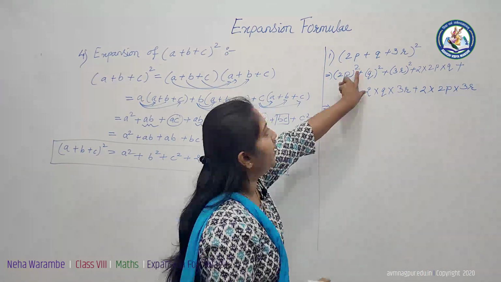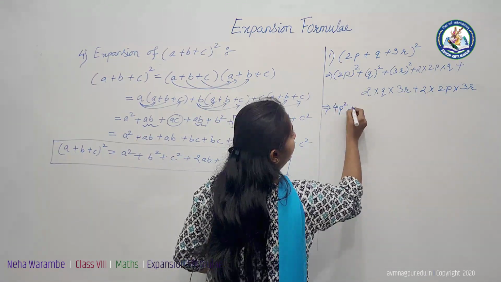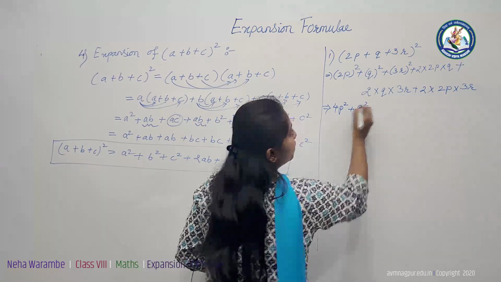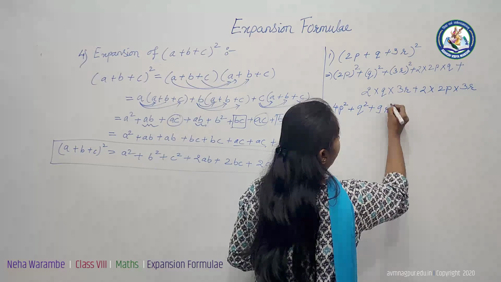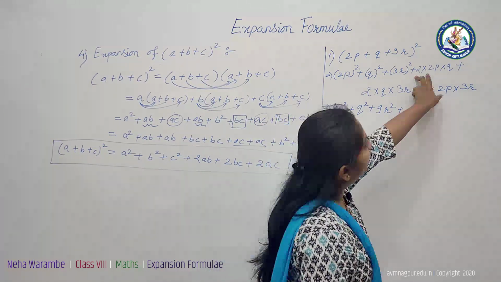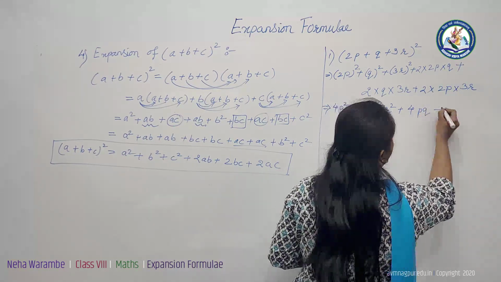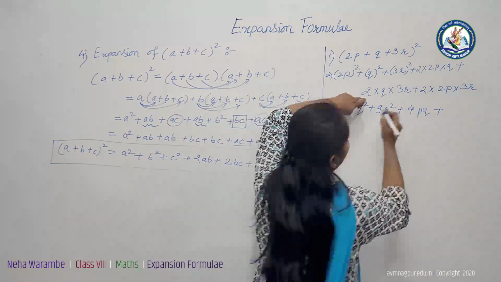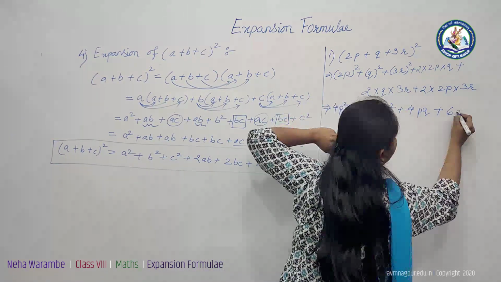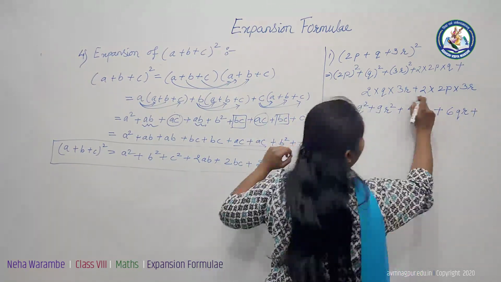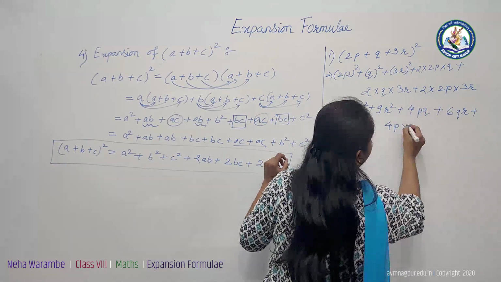Now 2p square: 2 square is 4, square of p is p square, plus square of q is q square, plus 3 square is 9, r square, plus 2 2s are 4, pq, plus 2 into 3, that is 6, qr, plus 2 into 2 is 4, into 3 is 12, pr.